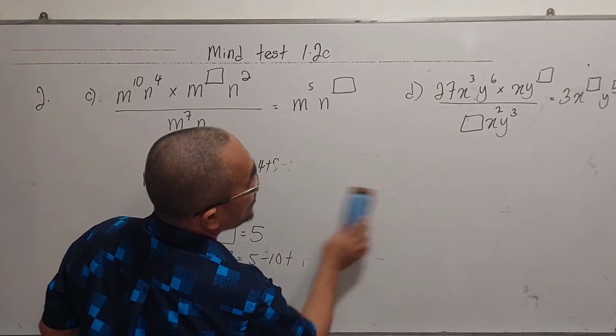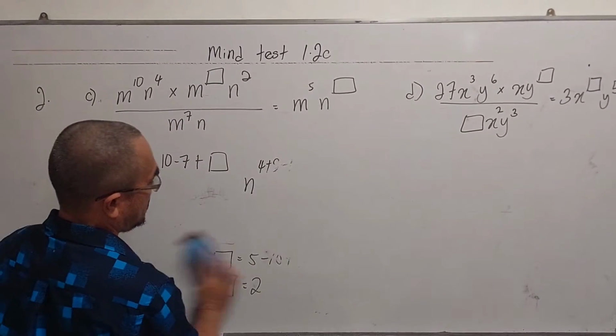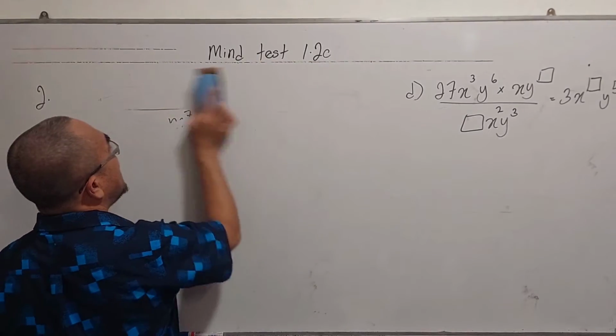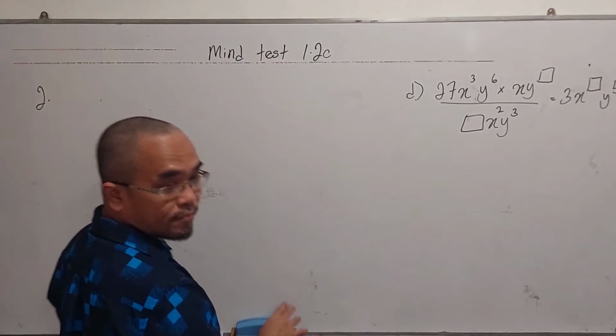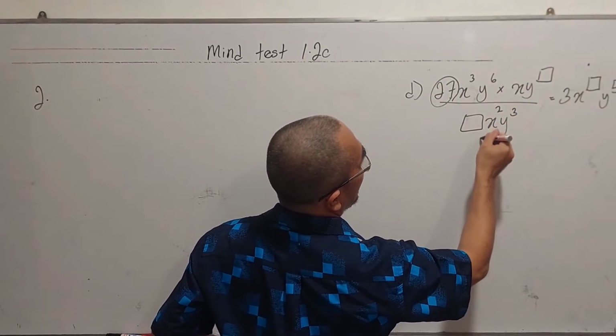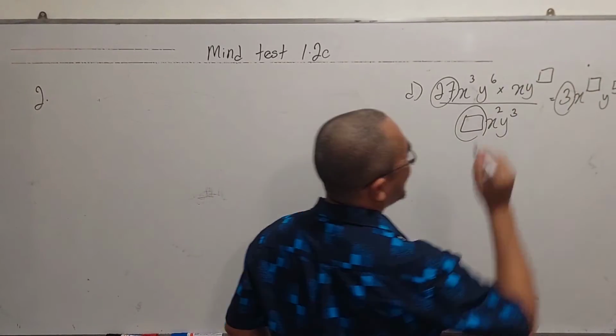Okay. So, what do you think we have to do here? Calculate the numbers first. You understand? This and this is equal to this.